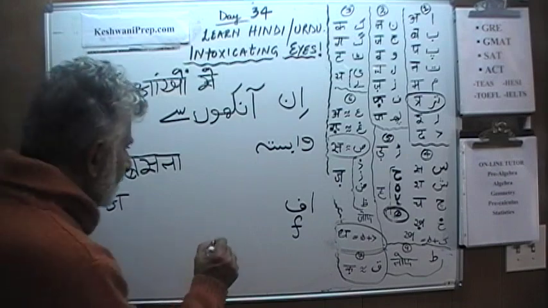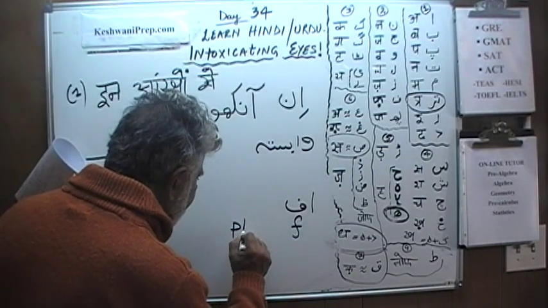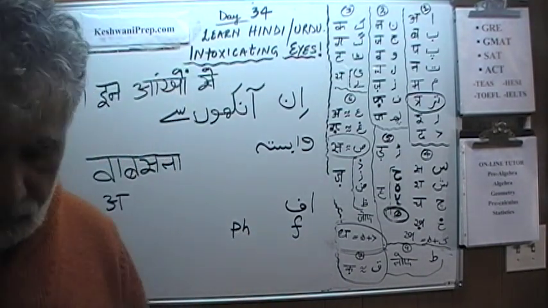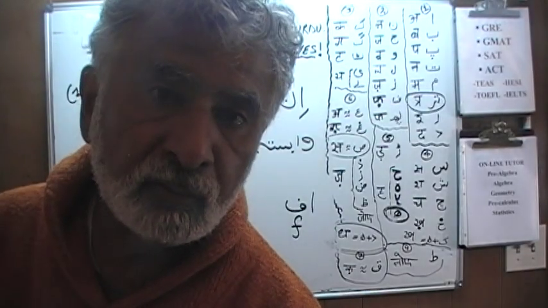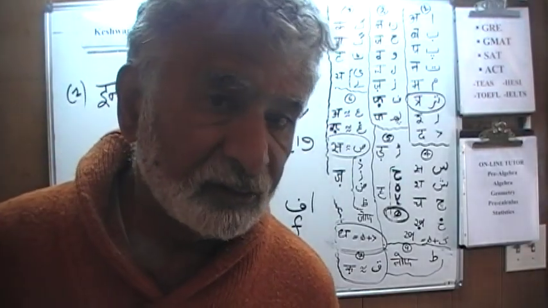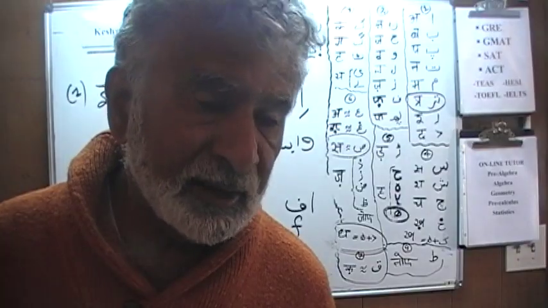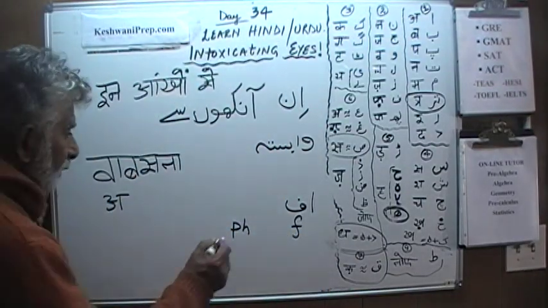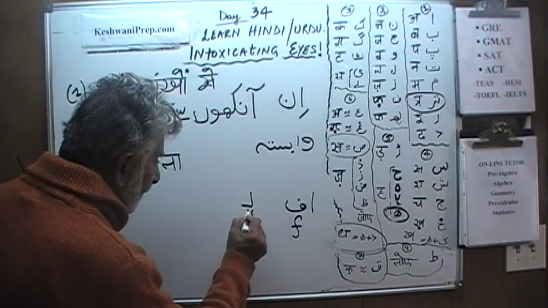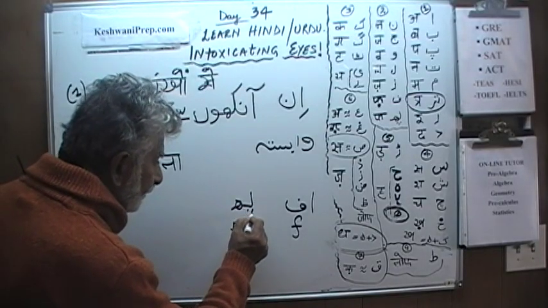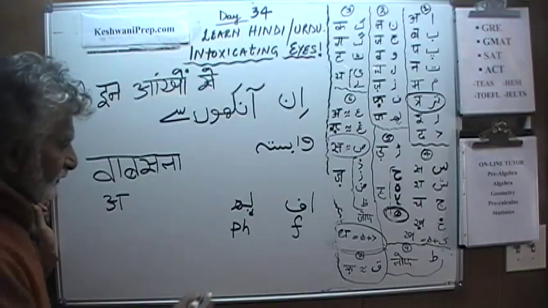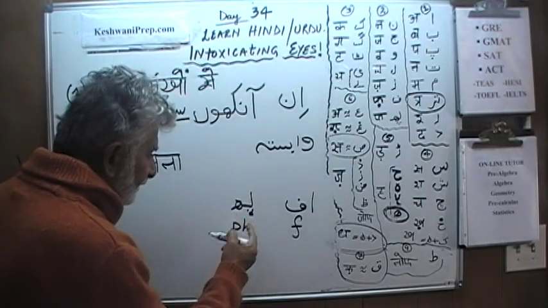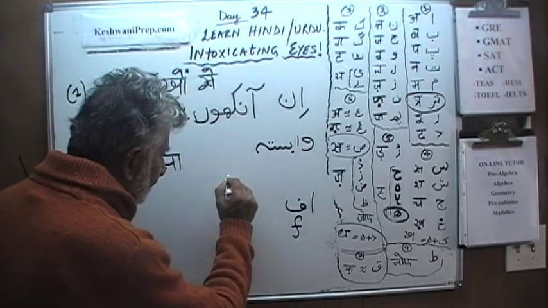Just like in English, we have PH, which is a F. If you want to write phone, or the physician, you would not spell it with an F, obviously. Correct spelling calls for P and H. Phone, telephone. Just like in Urdu, you would put a P and a H next to it. Make it F.